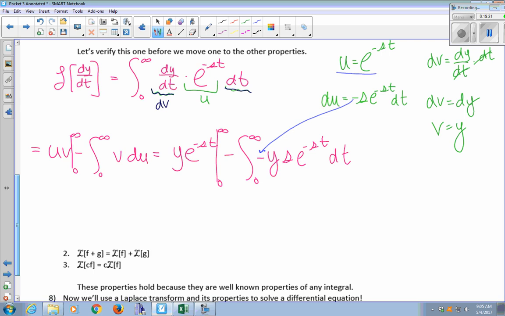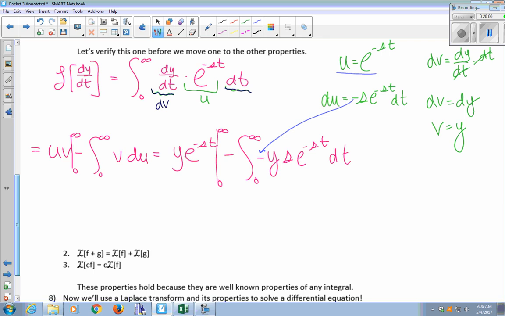No, when you go to infinity, you get 0. The whole thing is e to the negative infinity, which is 0. It's not e to the 0. So when you put infinity in for t, this whole term goes to 0. When you put 0 in for t, you get e to the 0, so this is just y.